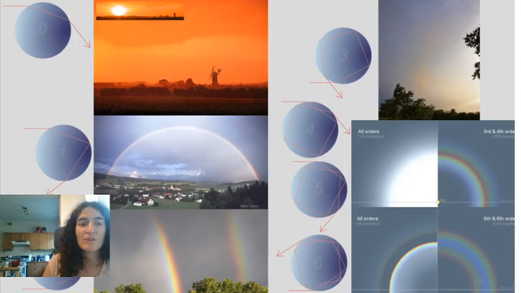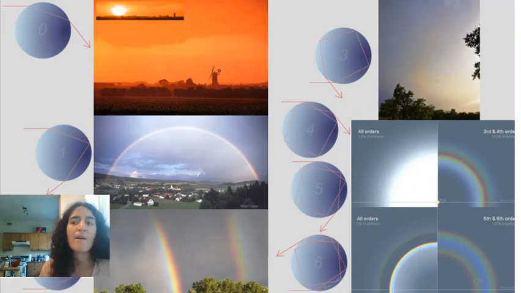I did want to also say that in addition to the secondary arc of a rainbow, you could actually have higher order reflections of light, and this would explain what it would look like to have 3 reflections, 4 reflections, 5, 6.